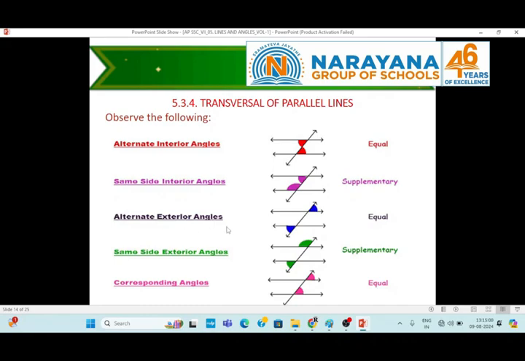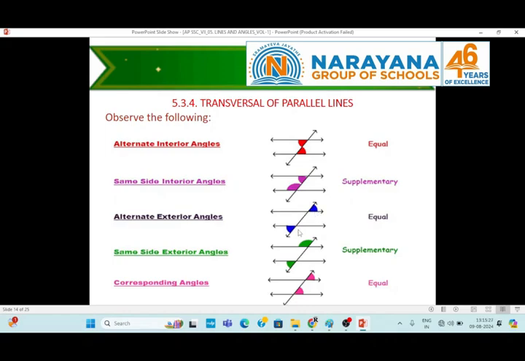And alternate exterior angles and alternate interior angles are the same. Alternate means the red shaded angles are on either side of the transversal, and both are interior. The blue shaded are on either side of the transversal, and both are exterior.